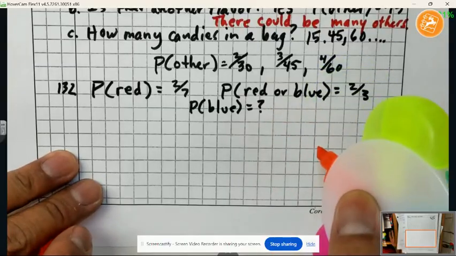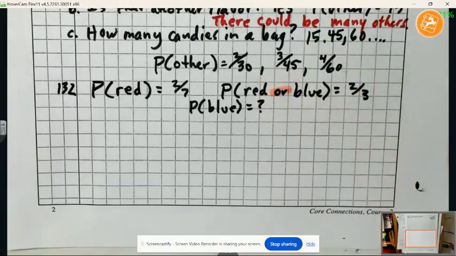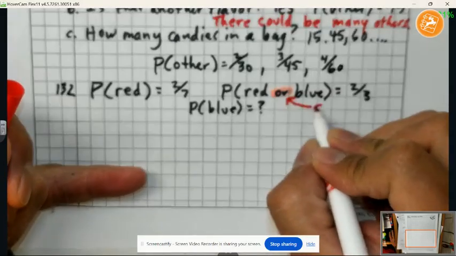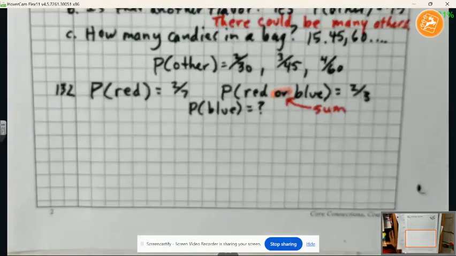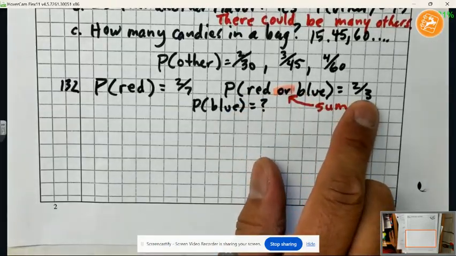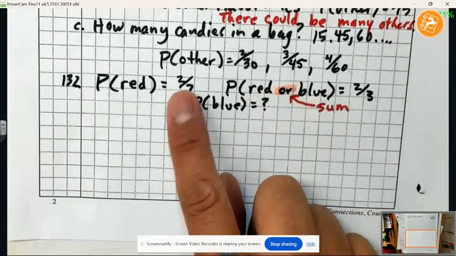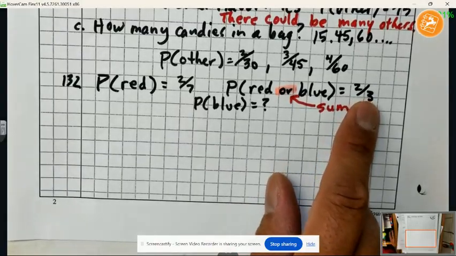What you should have noticed is we have a probability that's got that magic word or. Once you see that magic word or, that means you have a sum of 2 different probabilities. So this 2/3 is the sum of the probability of red plus the probability of blue. So how would we set it up?